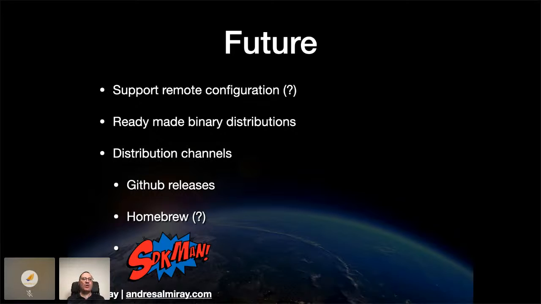And so for that, we're going to make available ready-made binary distributions with different distribution channels, such as publishing to the GitHub releases or making it available to Homebrew. Or you may be familiar with SDKman, which allows you to install a set of Java-related tools. So that's definitely another option. Or maybe a Snap in Ubuntu, or maybe a Scoop or Chocolatey for Windows. There are a few other avenues, other distribution channels that we can have a look at.